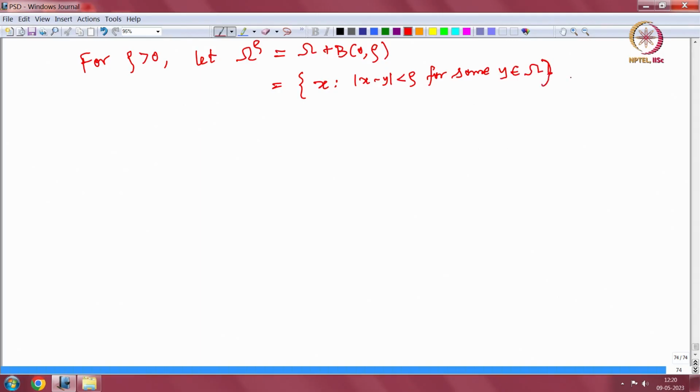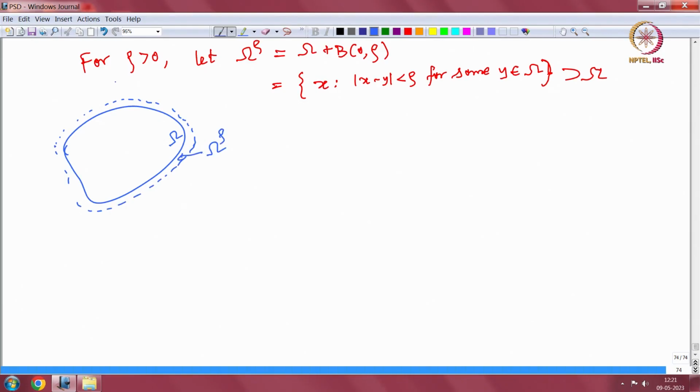So, obviously, this contains omega. So, this is, let me use a different color, this is omega, and you have the dotted one, omega rho. Okay.